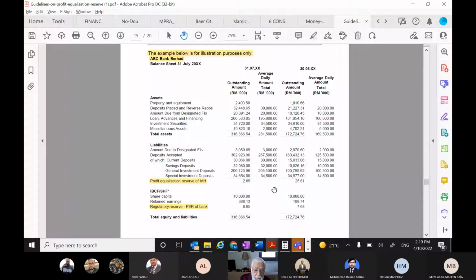The other point I want to mention here is that according to the accounting standards of the AAOIFI, you cannot call depositors a liability. They are not under liability. Rather, the accounting system suggested by the AAOIFI is that we should have a category next to shareholders' equity. We call it depositors' equity.